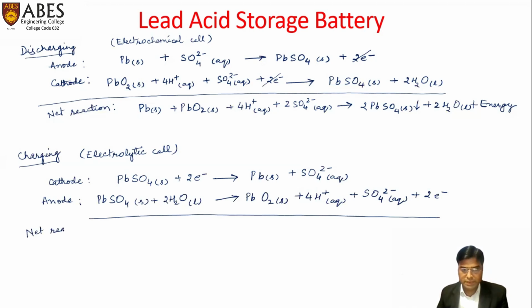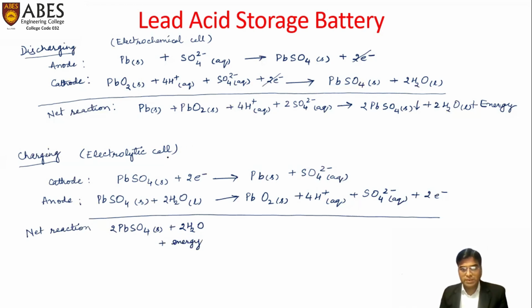So the net reaction can be shown as 2 PbSO4 plus 2H2O and plus some amount of energy, because this time we are providing the electric current.